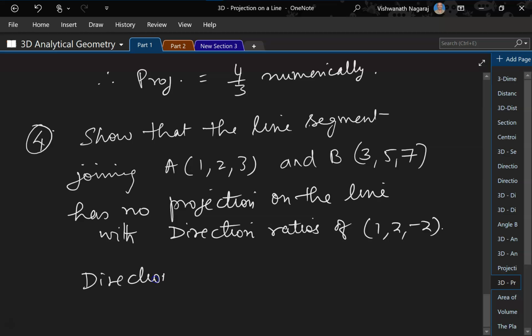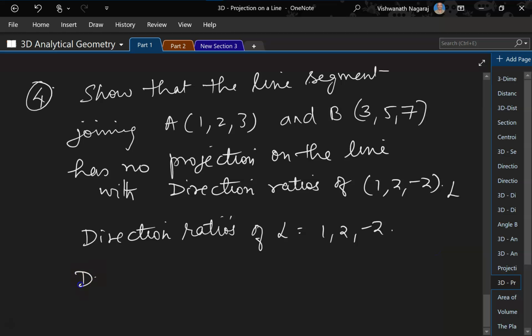Direction ratios of the line, let's say this is L, of L is 1, 2, -2. Now the direction cosines of L would be 1 by the square root of the sum of the squares, so 1 square plus 2 square plus 2 square, 1 plus 4 plus 4, that is 9. Square root of 9 is 3. So 1 by 3, 2 by 3, minus 2 by 3.